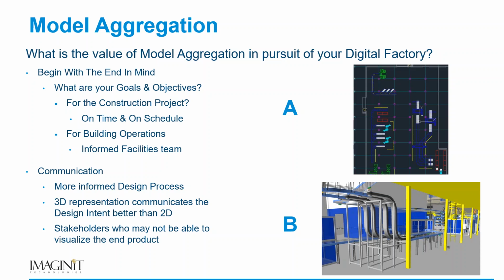And the 3D representation is just a better communicator. If you're able to look down on plan and then actually look up and see it, as Mark alluded to, the VR and XR environments help us to be more informed and enhance our communication.